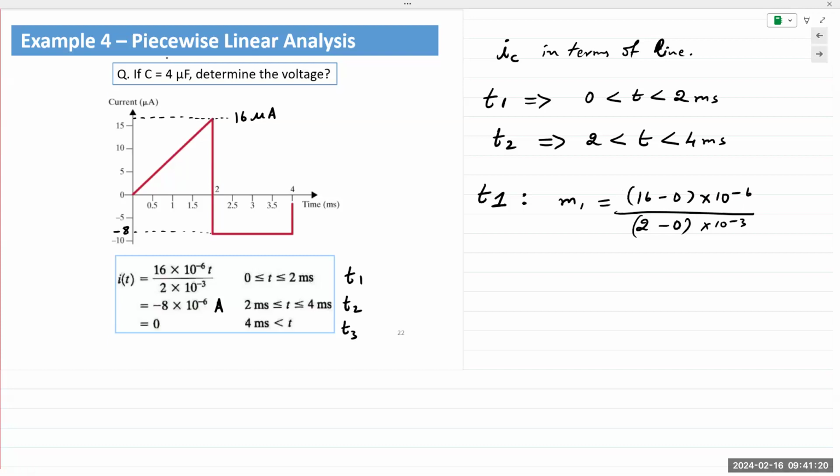It makes it clearer. So 8, my slope is 8 into 10 raised to 3.